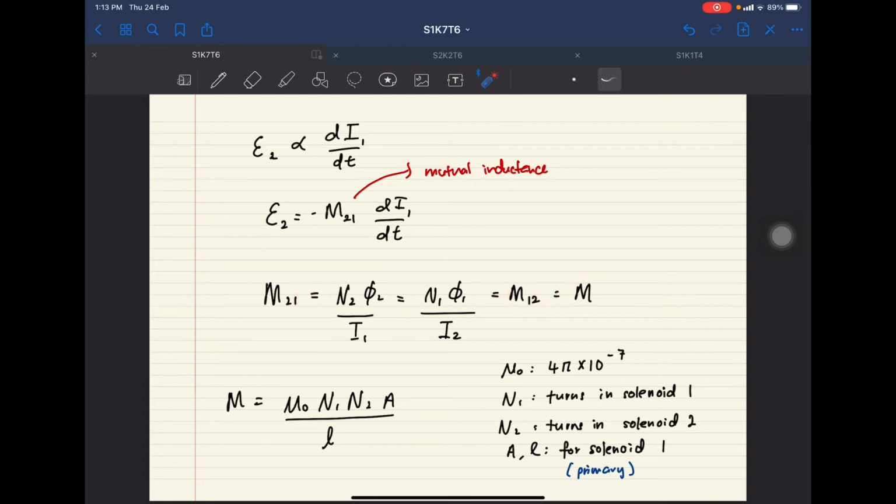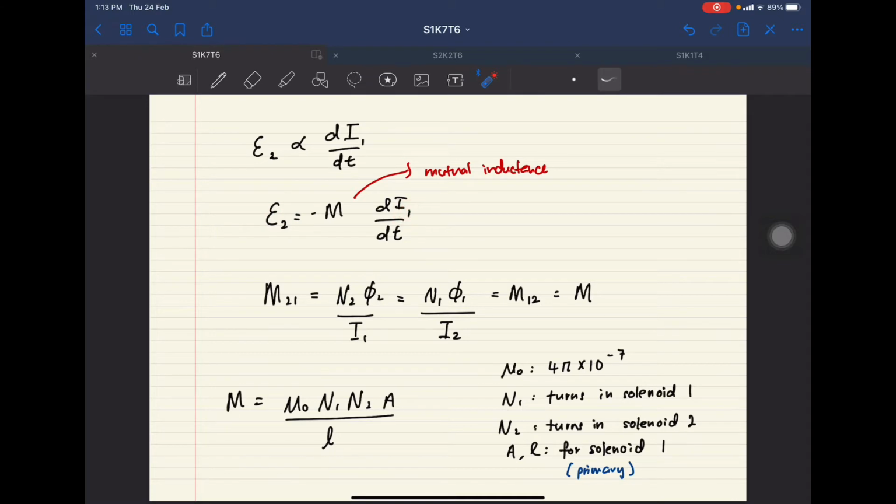So the magnitude of mutual inductance in both solenoids, because both of these interact with each other, equals M. We just simply call that one M. So this one becomes M, but the key thing here is that this is the secondary and this is the primary.